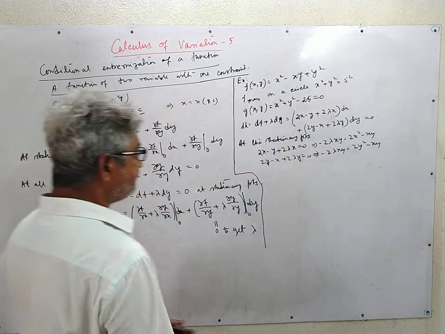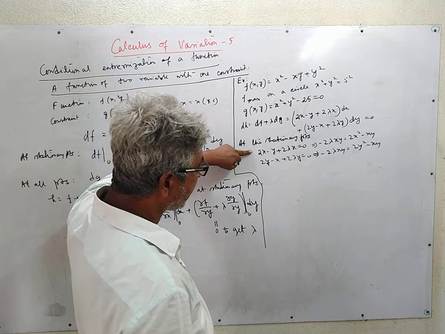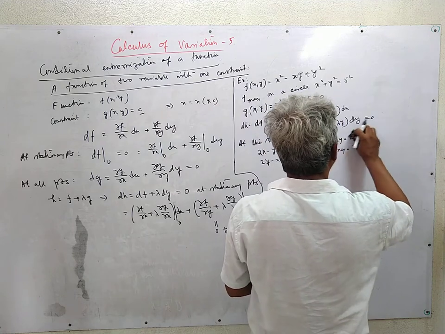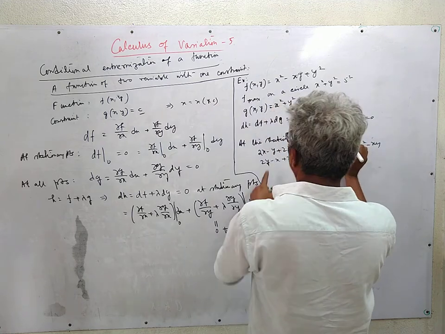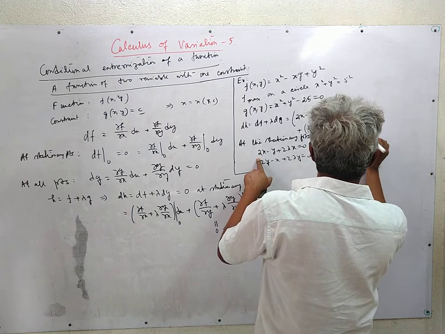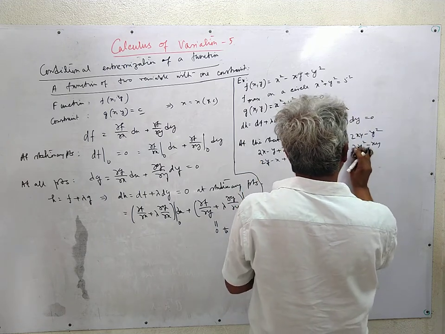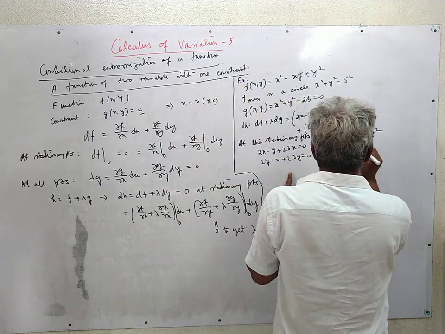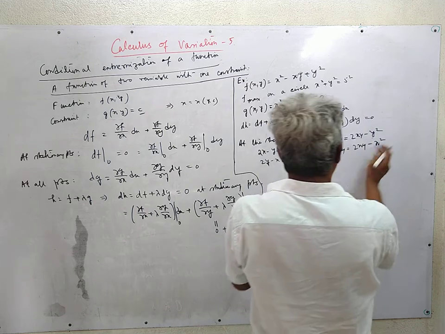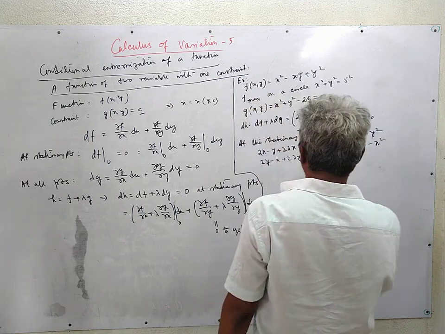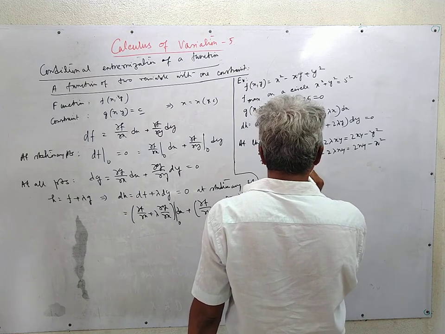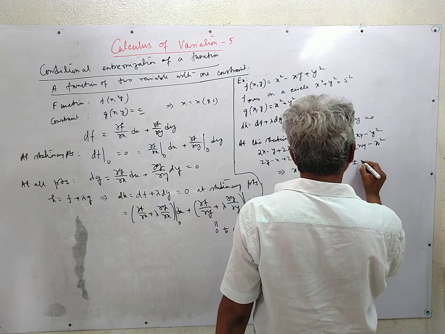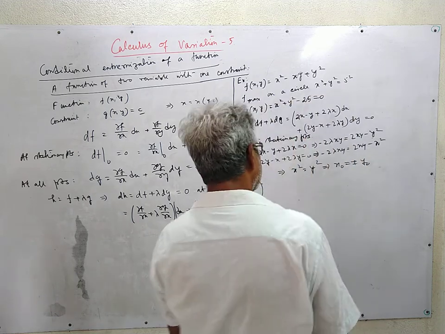What we have done is multiply one equation by y, so we get 2xy − y², and multiply the other equation by x, so we get 2xy − x². When we equate these two, we get x² = y², which gives x0 = ±y0 at the stationary points.